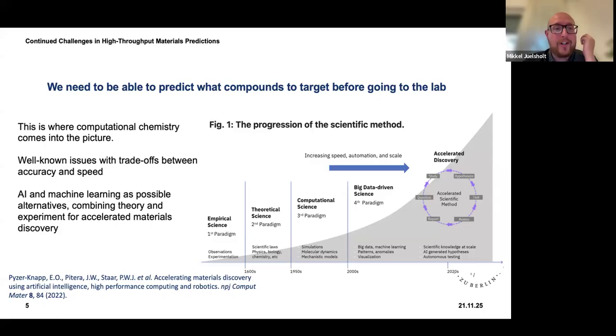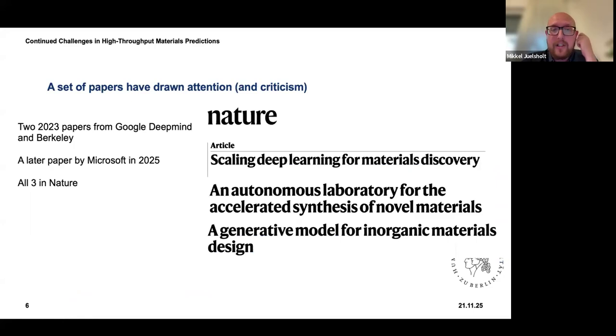There's been a lot of work on this, but I think the three really defining papers are these: two of them in 2023 by Google DeepMind and a paper from Berkeley where they used this autonomous lab, and then this paper in 2025 by Microsoft, all of them in Nature.